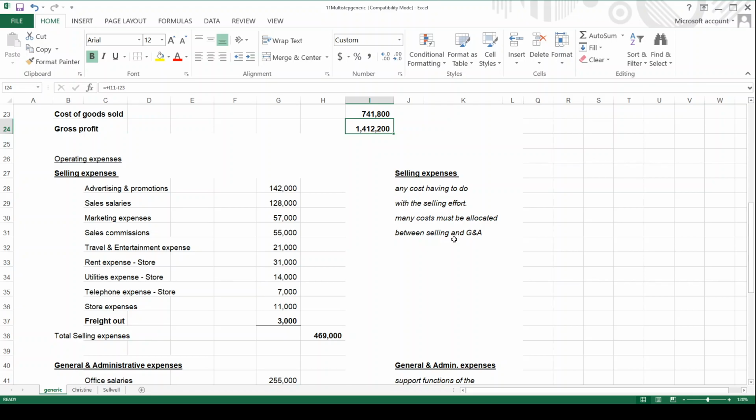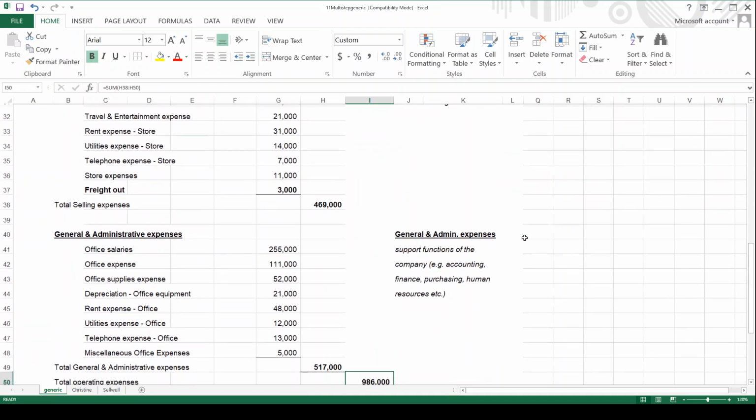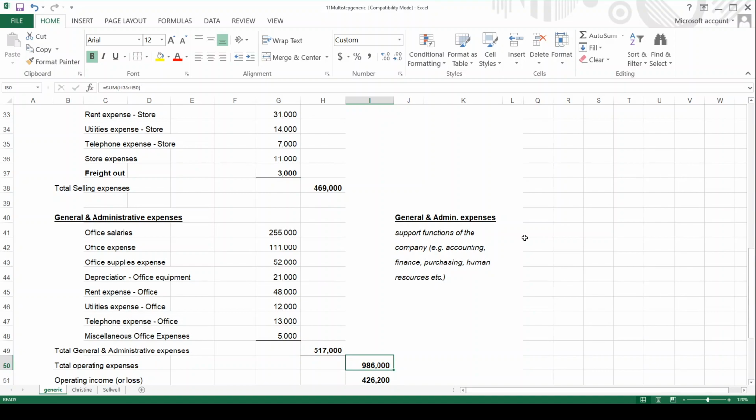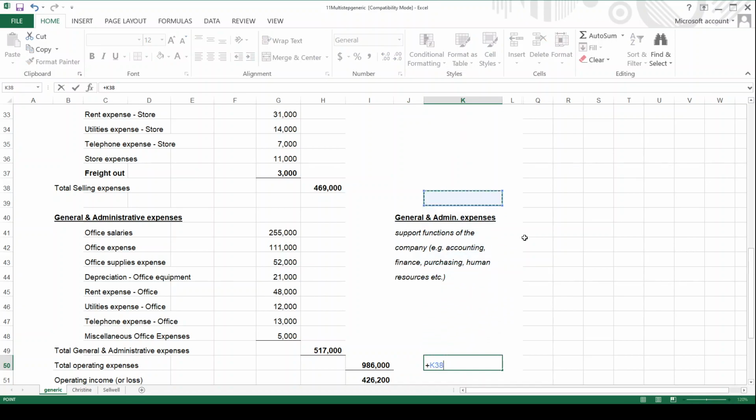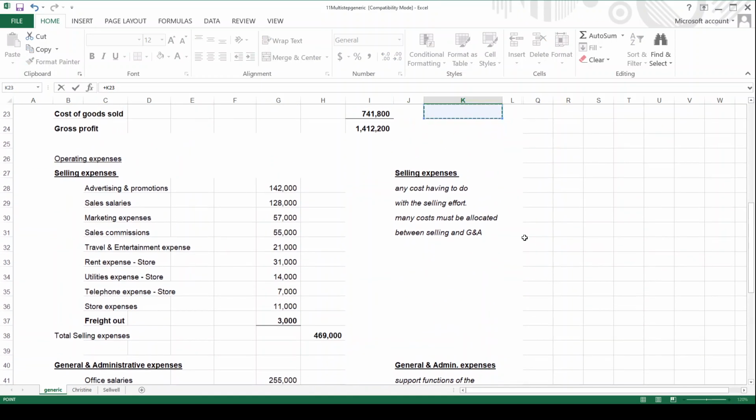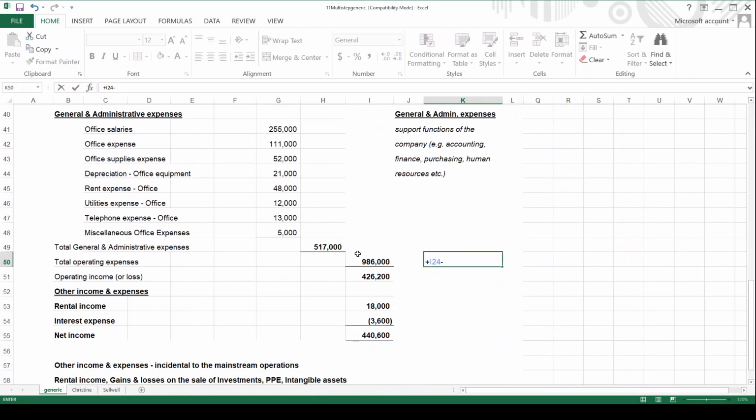If you take $1,412,200 and you subtract 986, what do we get? We get another subtotal. $426,200, otherwise known as operating income or income from operations.